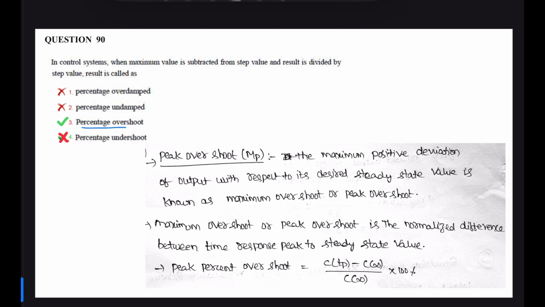That is, peak percent overshoot is given as C of Tp minus C of infinity by C of infinity into 100. This maximum overshoot is a normalized difference between time response peak to steady state value. C of infinity represents steady state value, C of Tp represents time response peak value. So correct answer is option 3.